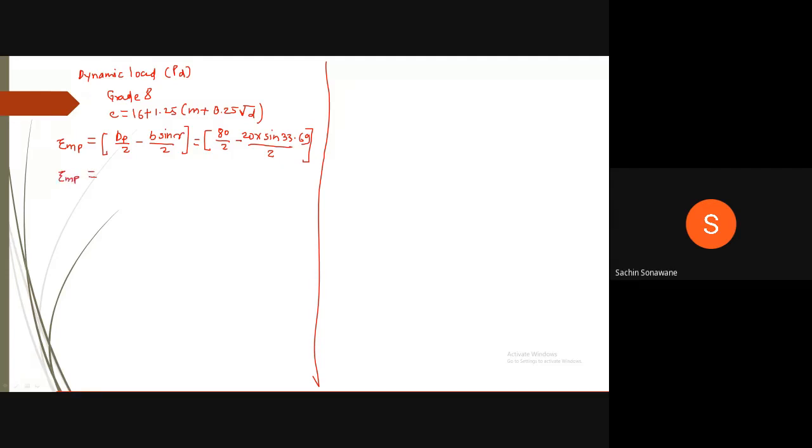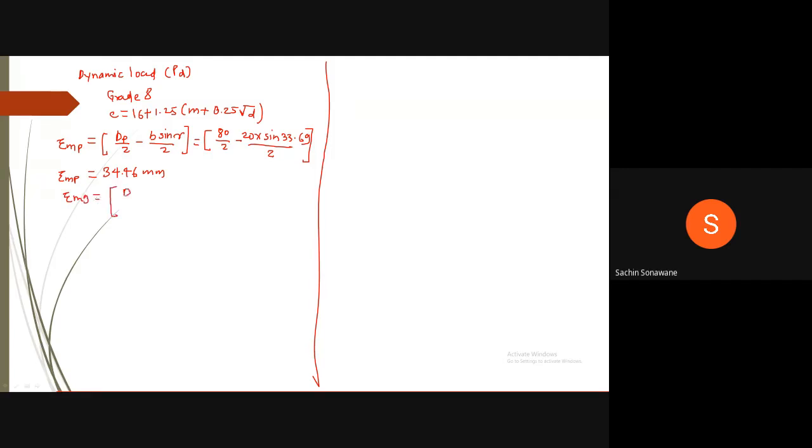What is the value? 34.46. Yes, sir. 34.46 mm. Now calculate RMG.